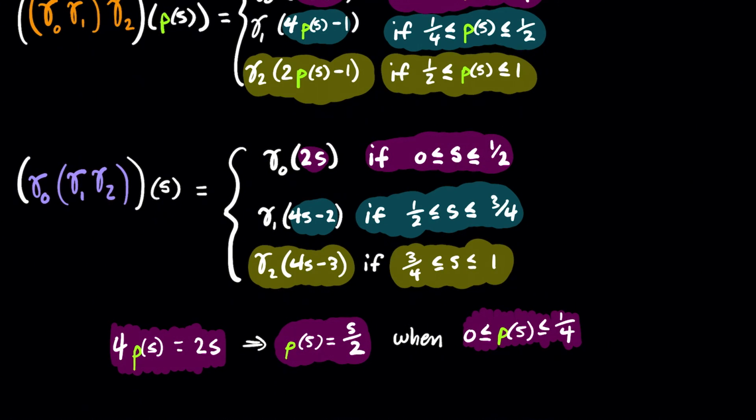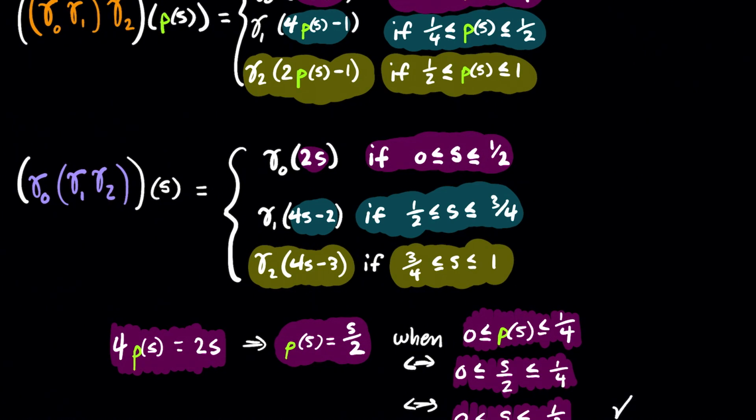But if I plug in this new formula for p of s, that's s over 2, and if I rearrange stuff, that's equivalent to s being between 0 and a half, and that matches the criteria for the purple function that we had for gamma naught. So that's good news. We've got our first piece of what p should look like: p should look like s over 2 whenever s is between 0 and a half.